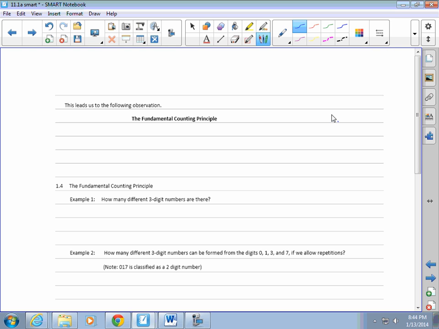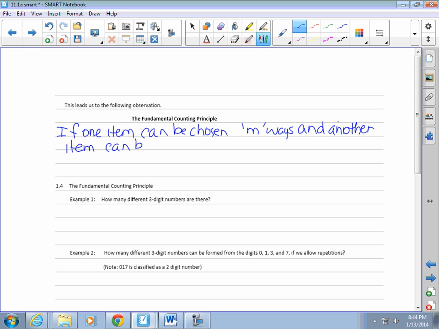Fundamental counting principle states that if one item can be chosen in m different ways, and another item can be chosen in n different ways.